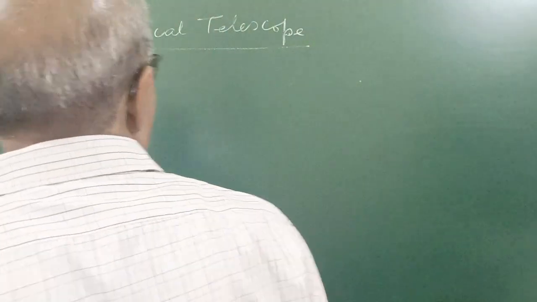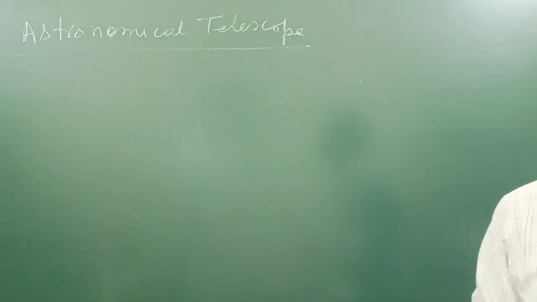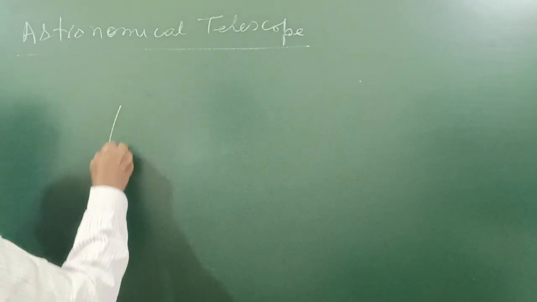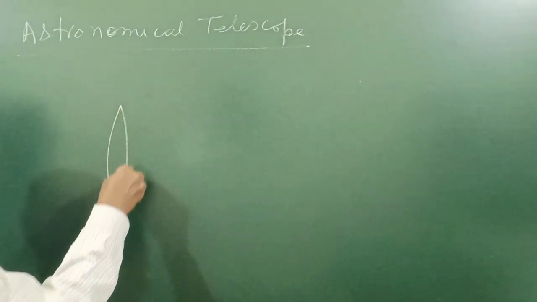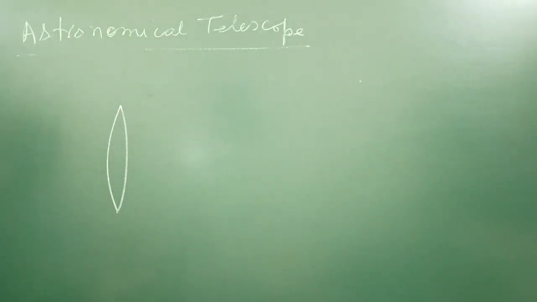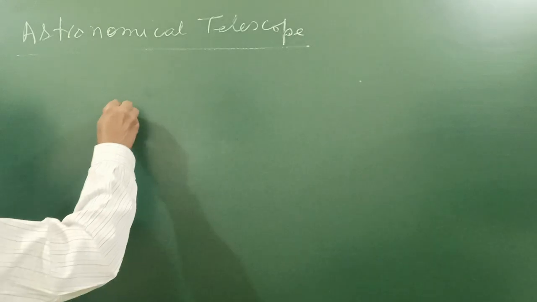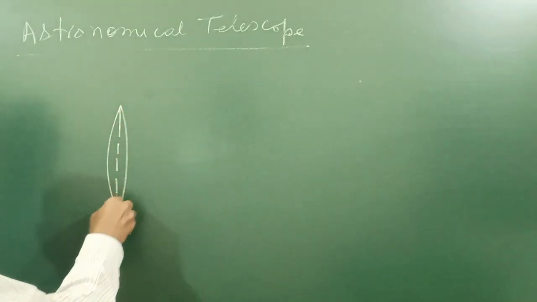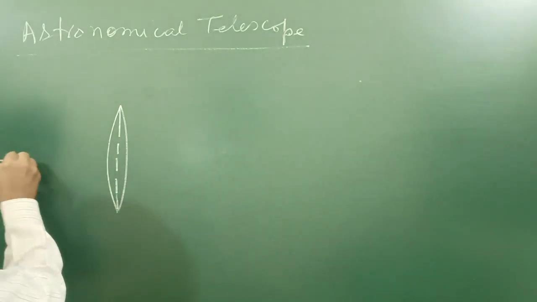So the telescope again has two lenses, objective and eyepiece. Here the objective lens is of large aperture. Aperture, I told you, is the area through which light passes. Large aperture and large focal length. This is the axis of symmetry.